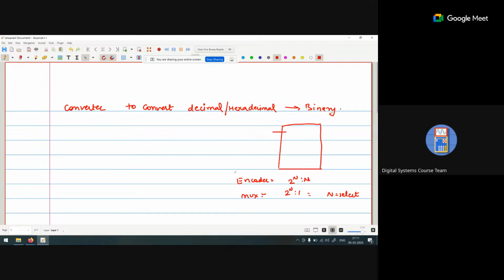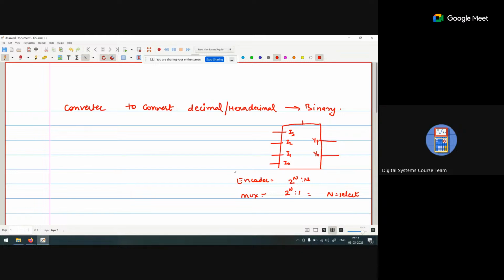So if we have 4 input lines, we have 2 outputs. Now, say the 4 input lines are I3, I2, I1, and I0, and the output lines are Y1 and Y0.